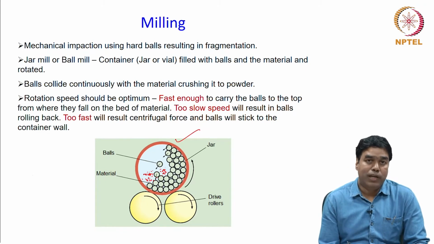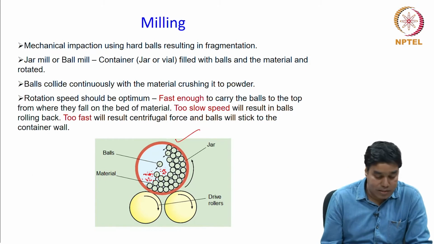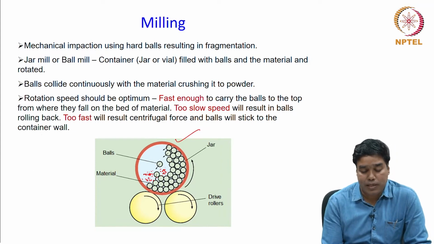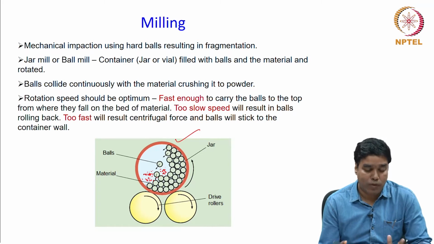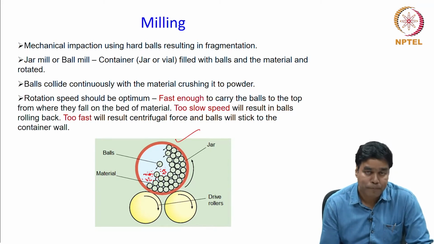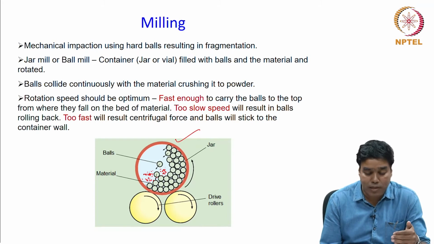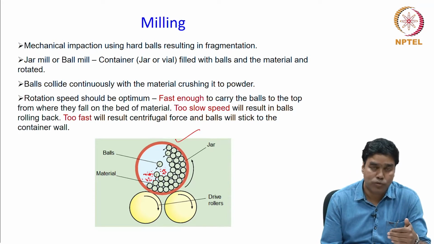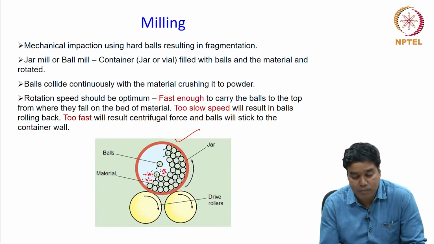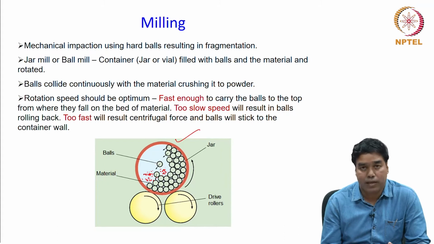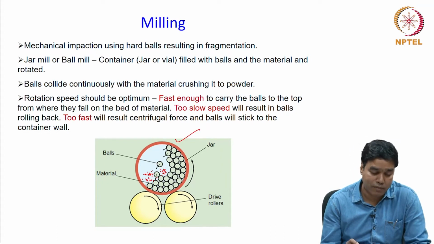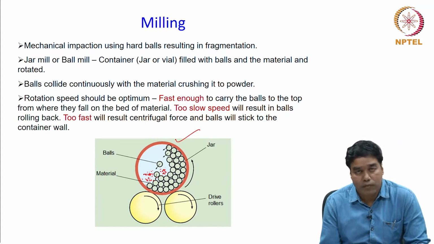And if you are too fast on the other extreme, then it will result in centrifugal force, and the balls will simply stick to the wall of the container because of the centrifugal force, right. So, it should not be too fast, and it also should not be too slow. It should be just fast enough, so that the balls can be carried to the top, and from there they should fall down again instead of sticking to the wall of the container, right.